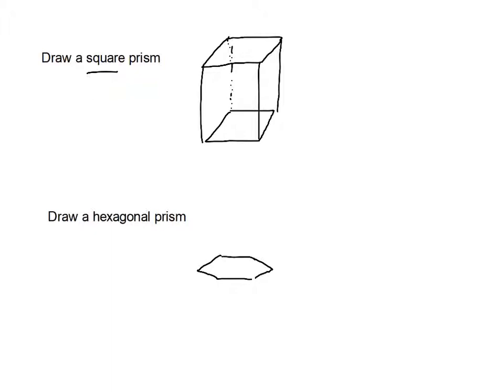I make it long and skinny, and then I do another one up above here that matches it. And then start joining corners. If it's in the back, we dash it. If we can see it, we use a solid line. And there's my hexagonal prism.